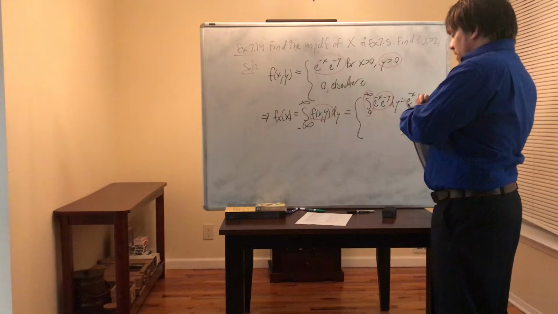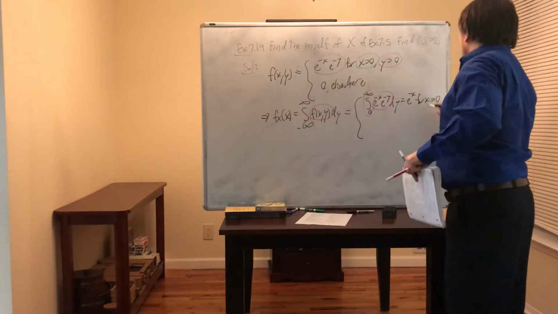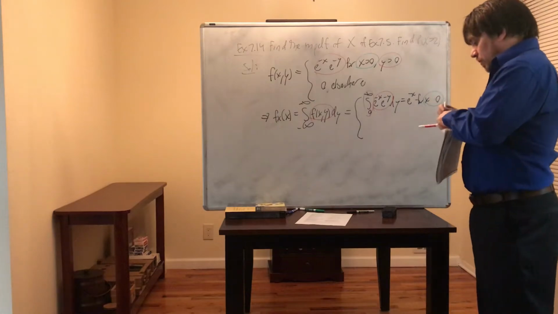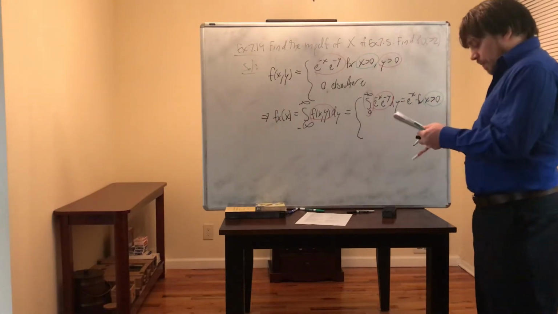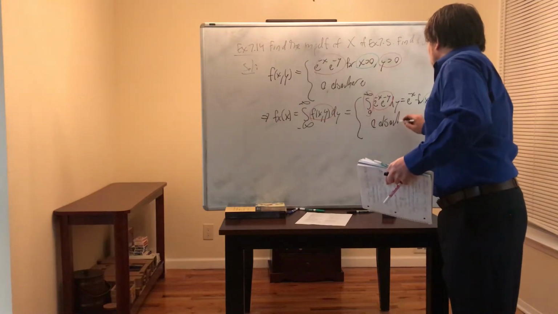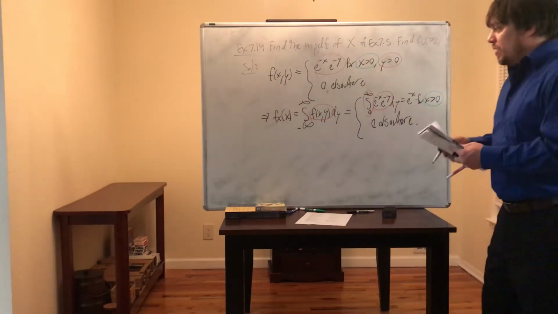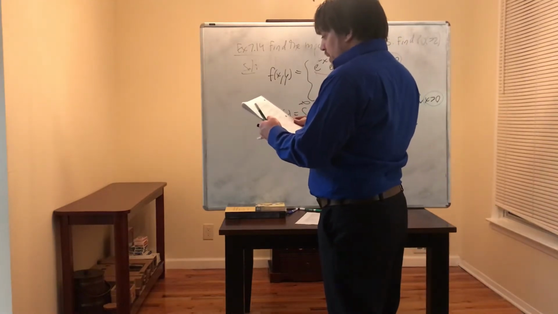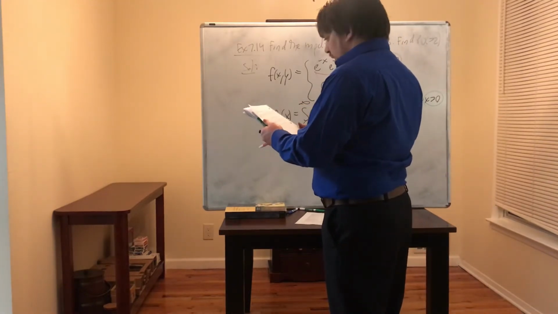And then it's 0 elsewhere. That's the marginal probability density function of x.